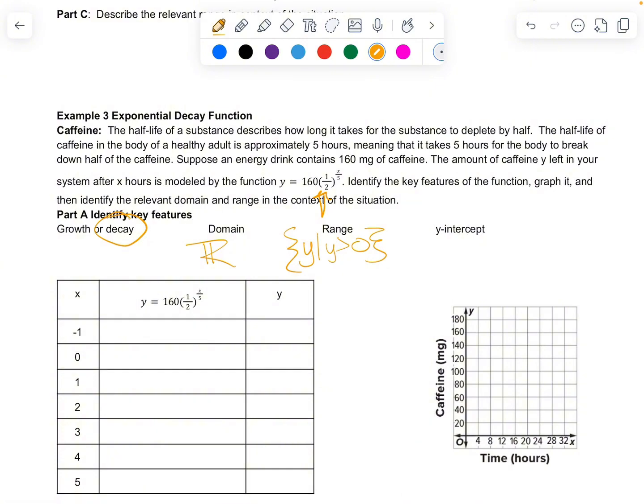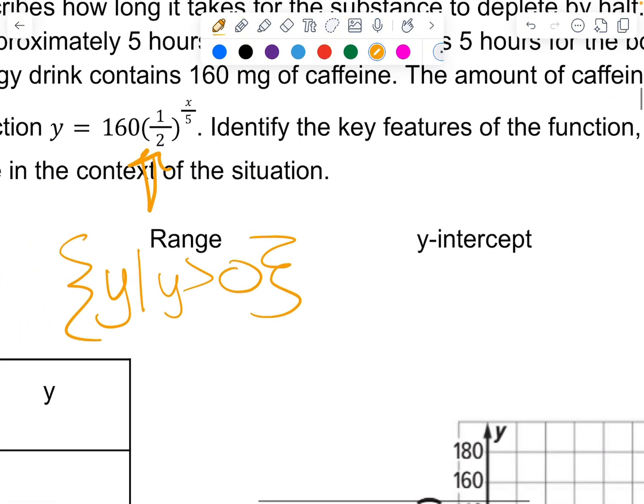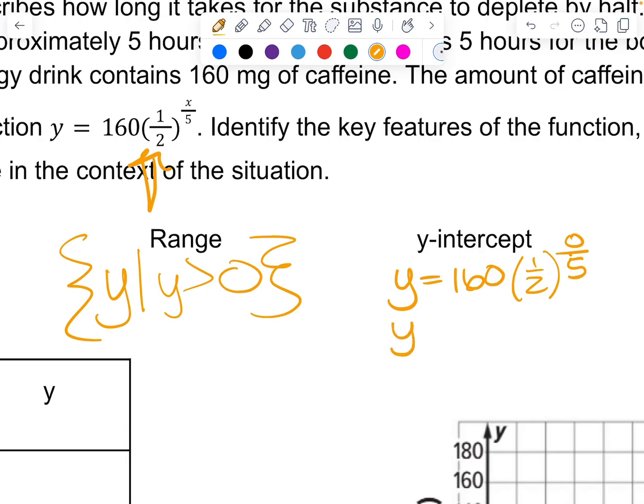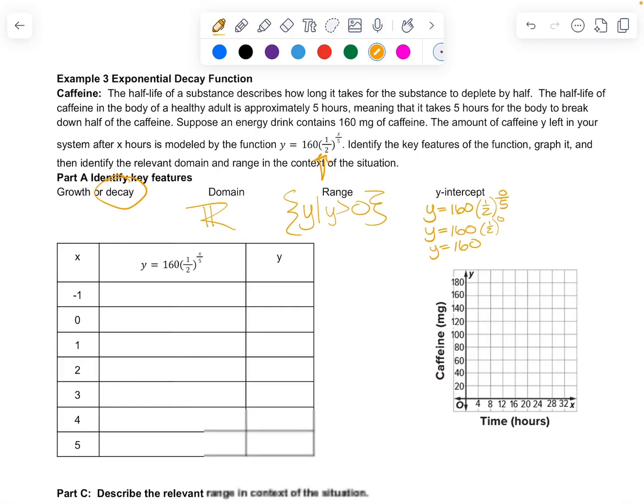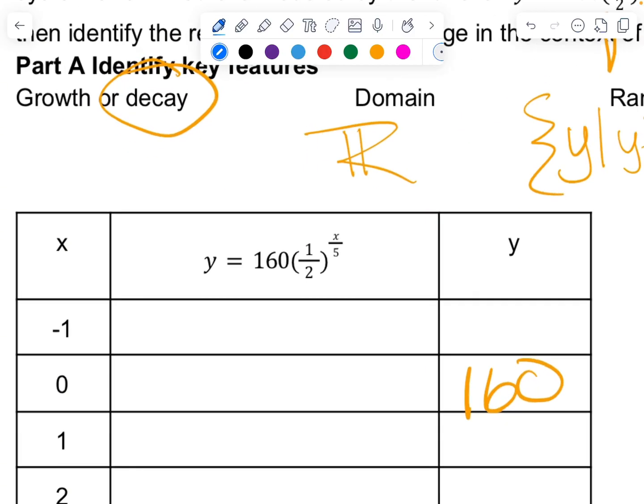Y-intercept. So I'm going to plug that in. So I have y equals 160, 1/2, 0 over 5. So y equals 160, 1/2 to the 0 power, and that's 1, so 160. Okay, so I'm going to put 160 right here. Then we're going to plug this in.